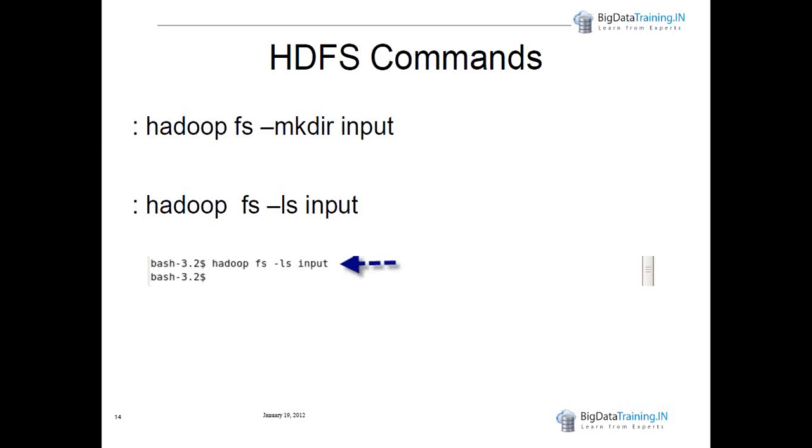One is listing out or understanding what all the files inside are. The other one is copying or moving the files between your Linux file system and your HDFS file system and vice versa. This is quite relevant, because HDFS would be the primary place where you will have all your data taken as input, and HDFS will always be the primary place where the output of your MapReduce job would also be produced.